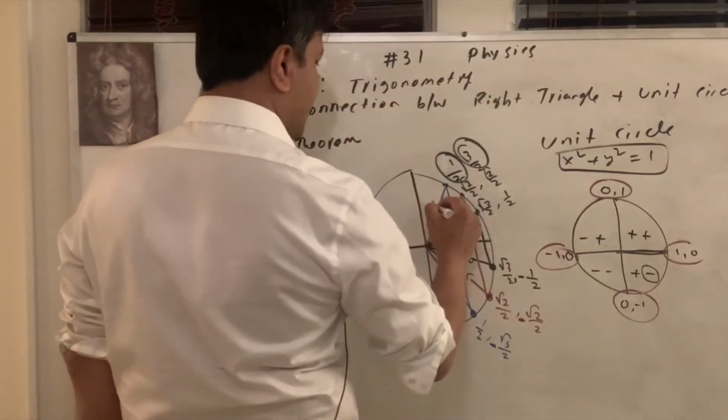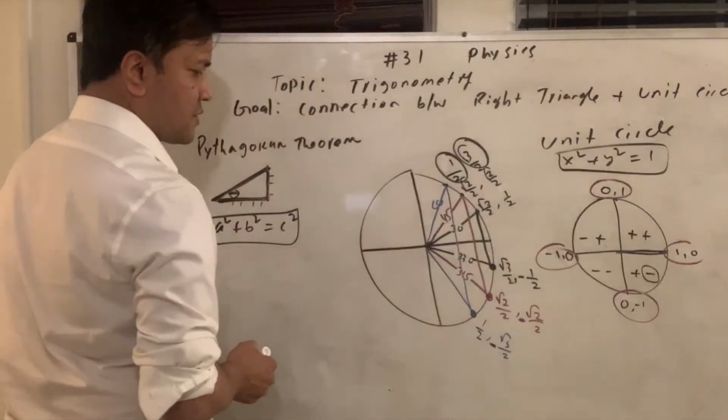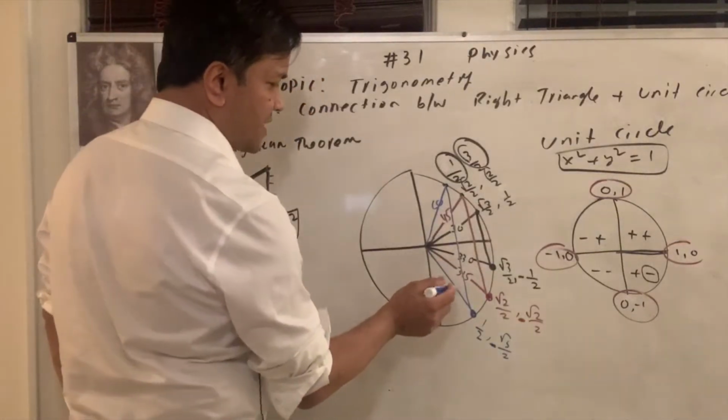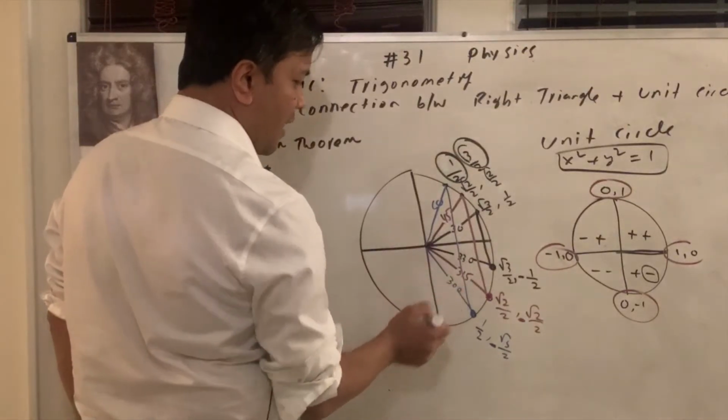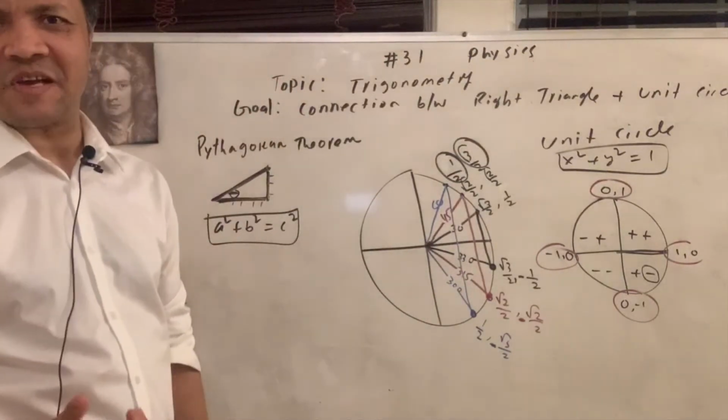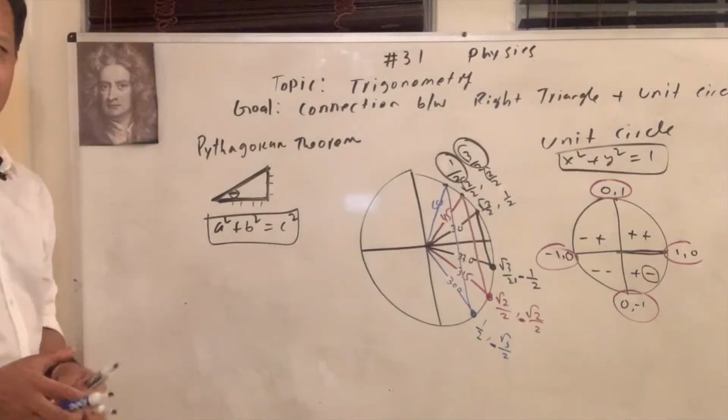This one is 60 degree, so this one must be 300. Alright, so you have half of the unit circle finished. Now we're going to do the remaining half of the unit circle.